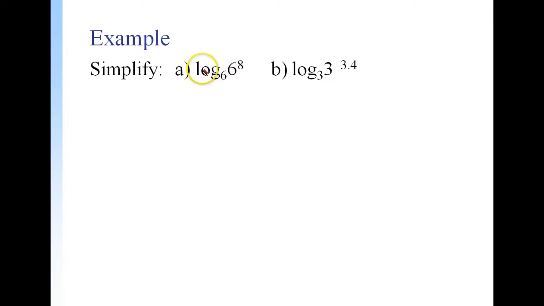Remember, this is log base 6 of 6. This part here is going to be a 1, so we end up with 8. 8 is our k, and we said that when it's like this, it just equals the k, which is 8. So this one is just going to be an 8. And this one is just going to be a negative 3.4.